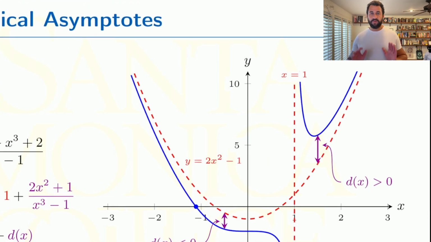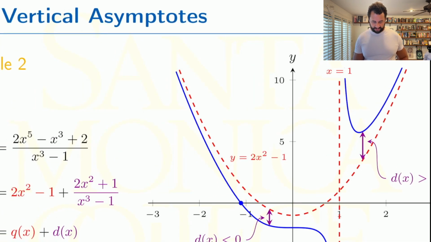Okay, so remember, there's a lot of information on this graph, right? But it's okay. Take a deep breath, look at it piece by piece, and remember, you know how to graph things like 2x squared minus 1. It's a parabola that's been stretched vertically by a factor of 2 and shifted down by 1 unit. That's why you'll notice the vertex is down here at negative 1.